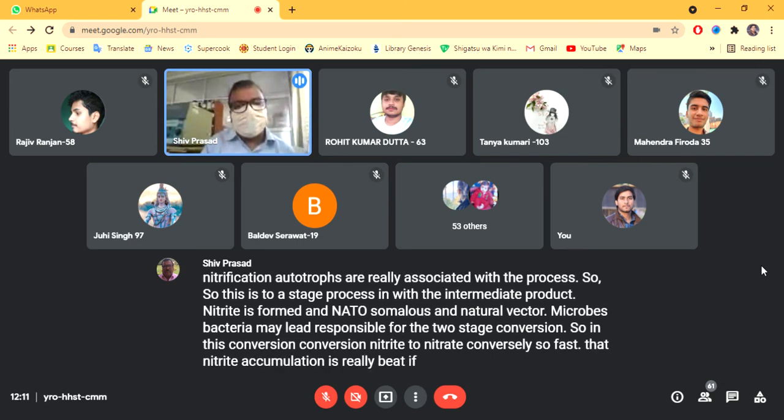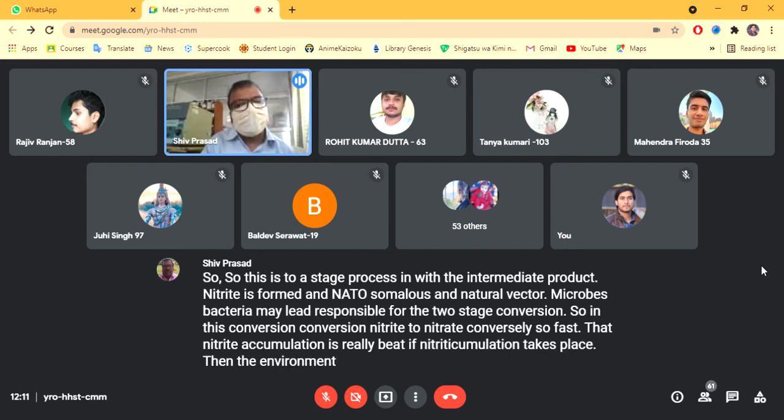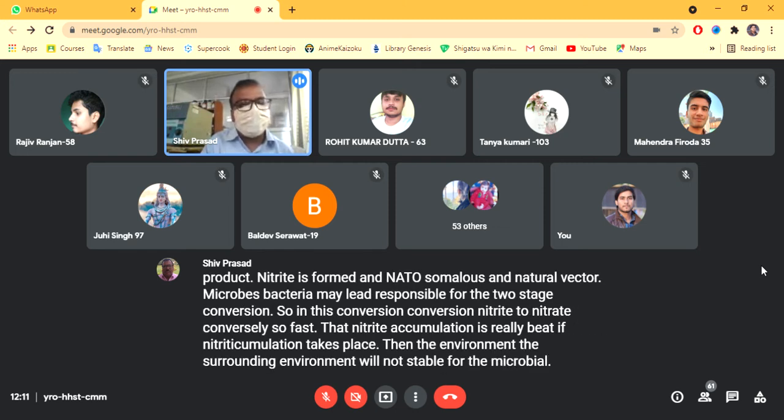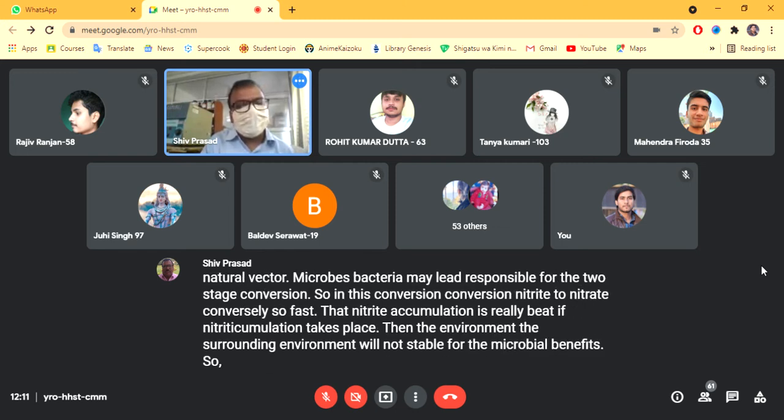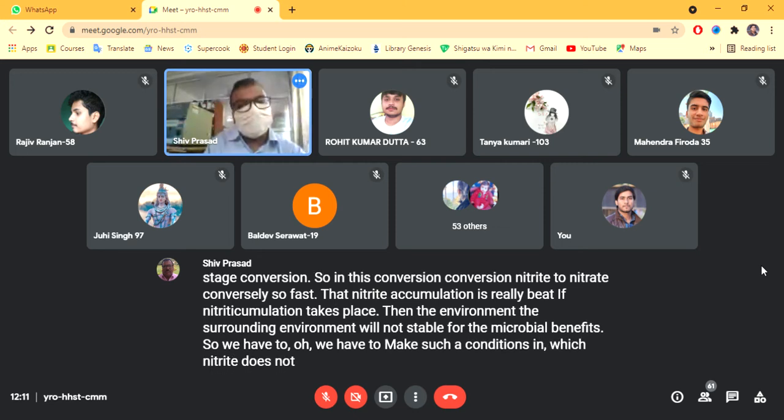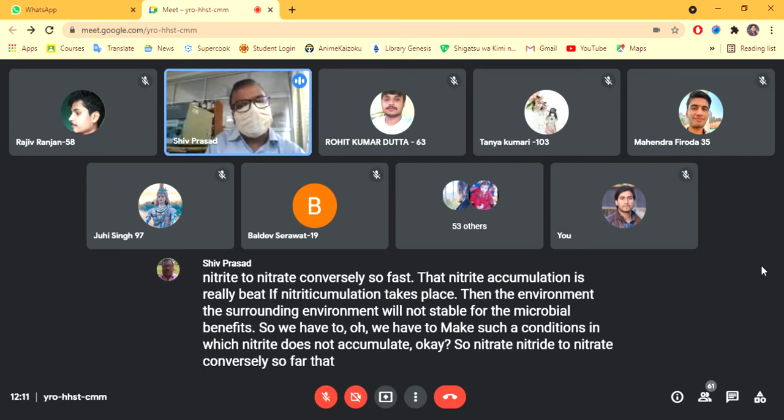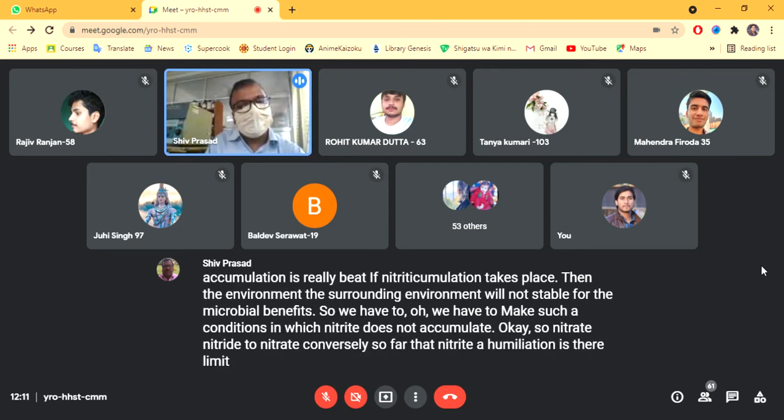If nitrite accumulation takes place, then the surrounding environment will not be suitable for the microbes. So we have to make such conditions in which nitrite does not accumulate. Nitrite to nitrate conversion is so fast that nitrite accumulation is rarely met within soil.